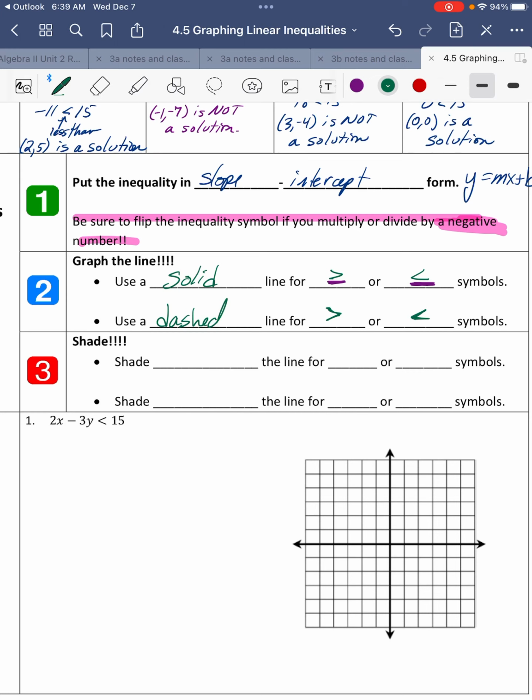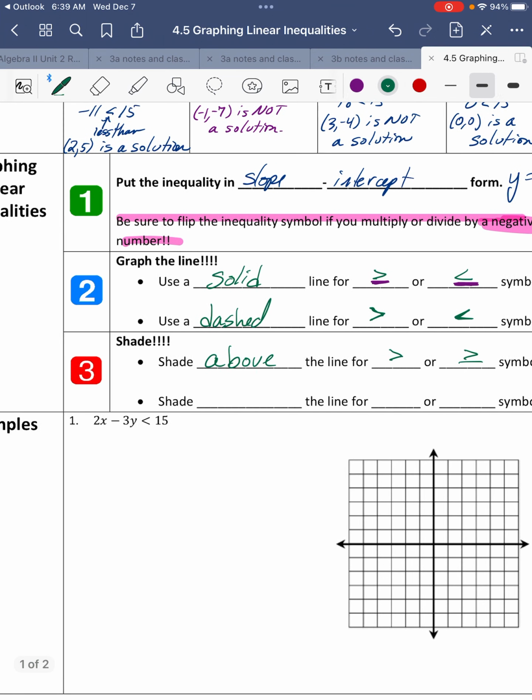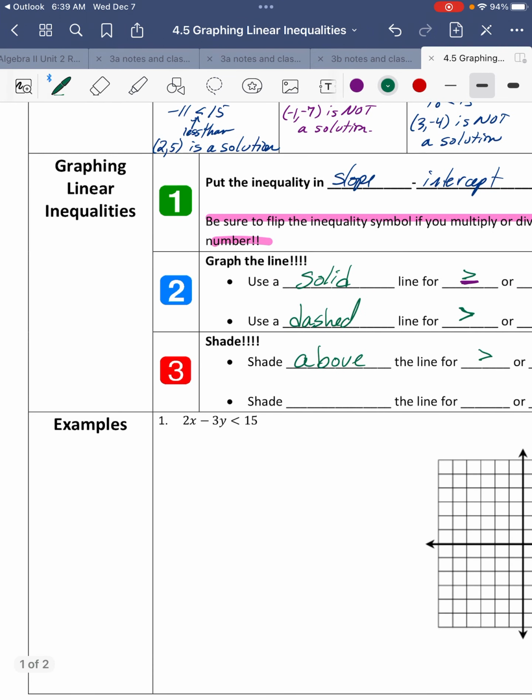Shading. Now we're going to shade the graph. We're going to shade the graph above the line. So this would be for greater than or equal to. And above the line would look something like, if a graph is this way, is above. If a graph is like this way, is above.